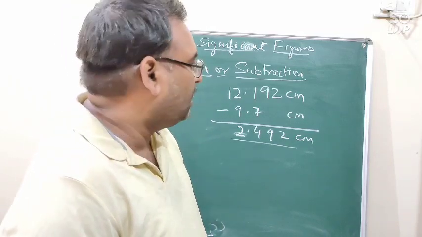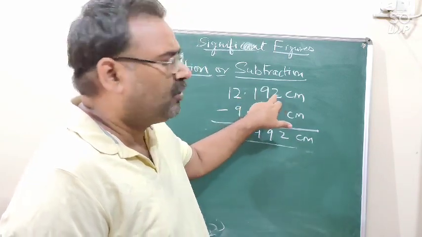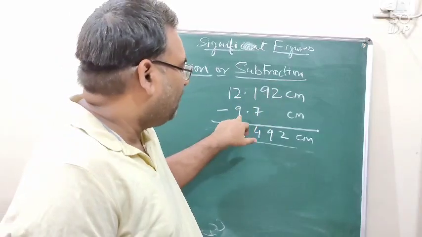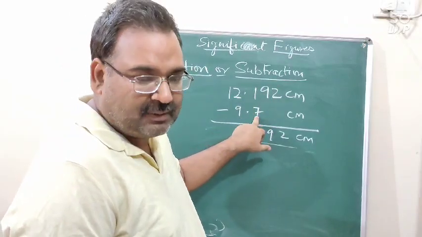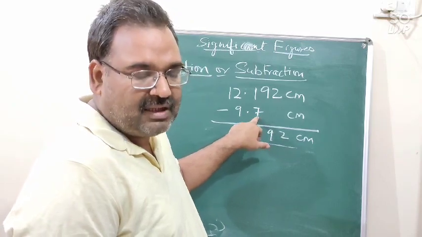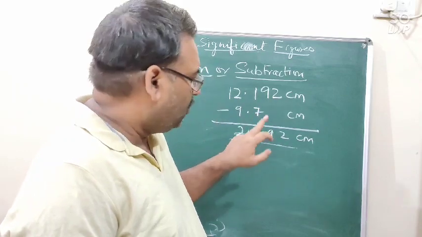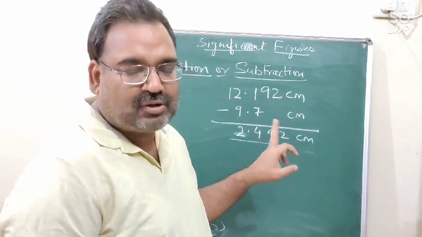We have to find out the answer in significant figures. Now this number has got 5 digits. But the second one has got only two significant figures, and its accuracy is only up to one place of decimal. So we will take one place of decimal only.